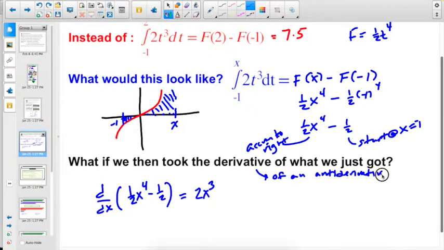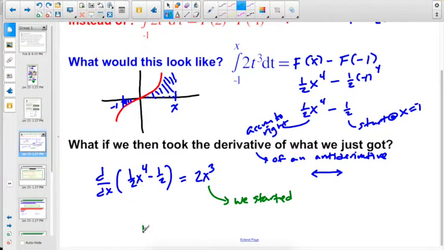And we know that taking the derivative and finding the antiderivative are processes that reverse each other or undo each other. So hopefully it's not too much of a surprise that we ended up going right back to where we started. The only difference is that instead of having a t as the variable, we have an x as the variable, but it looks just the same as the function that we started with.